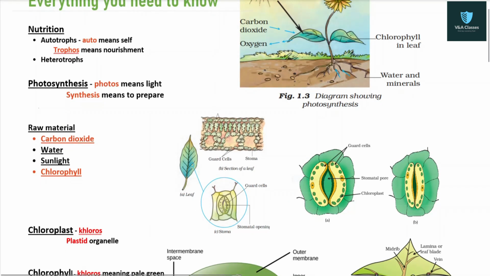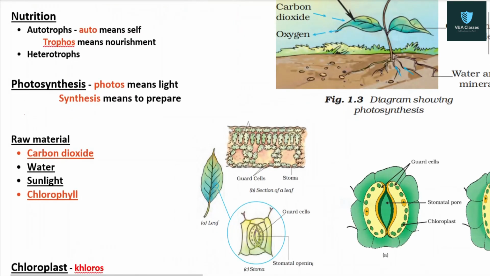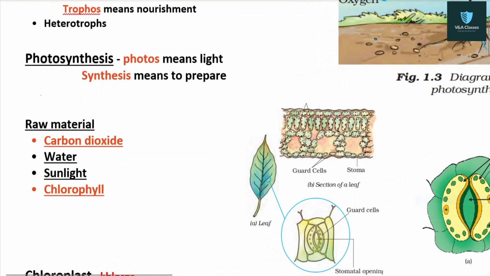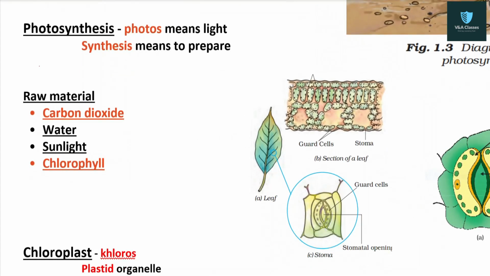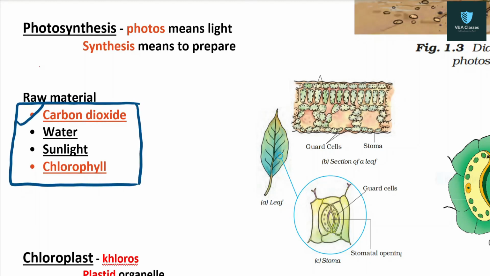So we will see what raw materials the plant will need in order to carry out photosynthesis. If we want to prepare a dish, we need some ingredients. Similarly, the plants will also need some ingredients. So what are these ingredients? We need to understand these four important ingredients. The first one is carbon dioxide, which the plant will get from air.